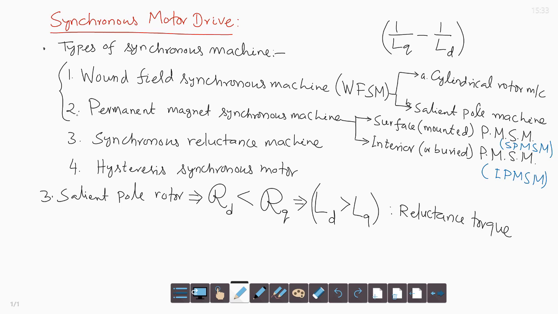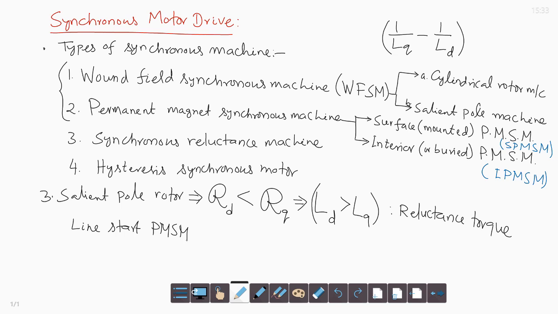So, that class of motor, permanent magnet synchronous machine, in which the braking torque is minimized, is called line start permanent magnet synchronous machine, and they can start directly.